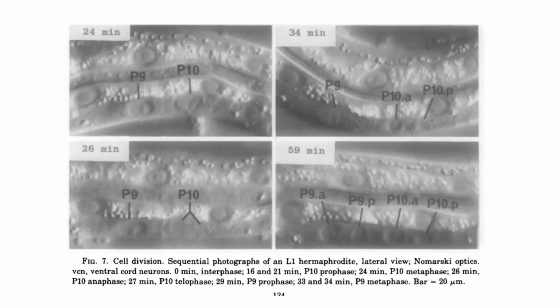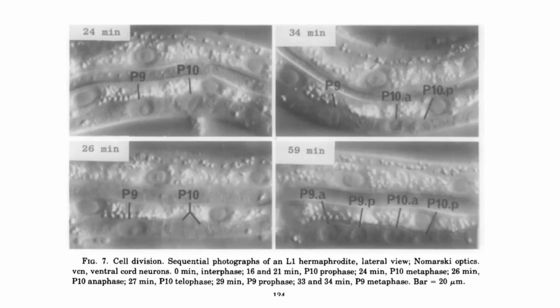So basically, it starts at time 0 and goes through to an hour. So he's looking at these. This is one worm, and this P9 cell here, and the P10 cell here, and you can see the nucleus of the P9 cell. And here the P10 is starting to divide, this is 26 minutes, 34 minutes.